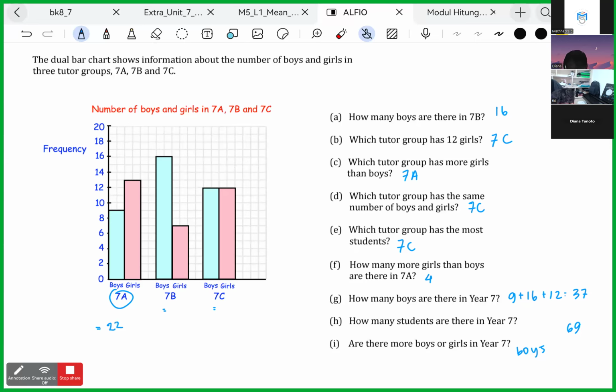How about 7B? How many students are there? Total number of students for 7B.